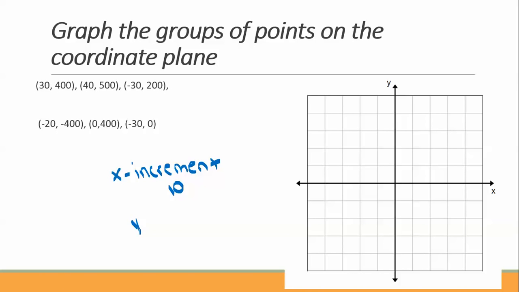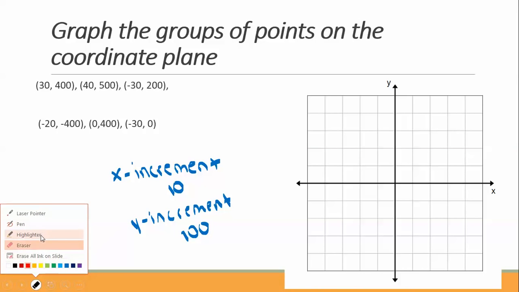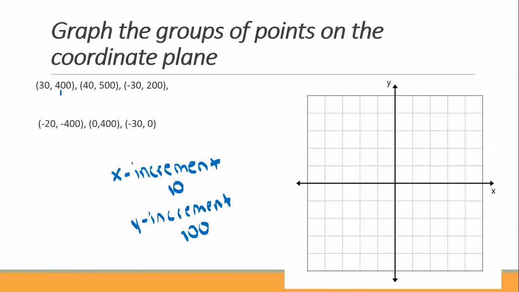And our y increment worth 100, because all of the y values are multiples of 100: 400, 500, 200, negative 400, 400, and 0.